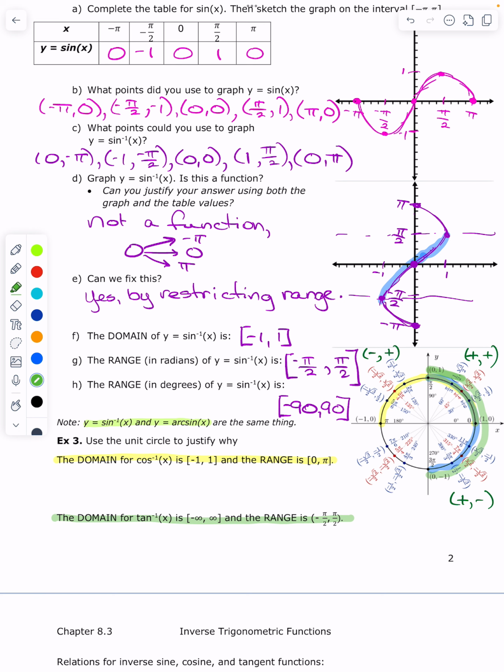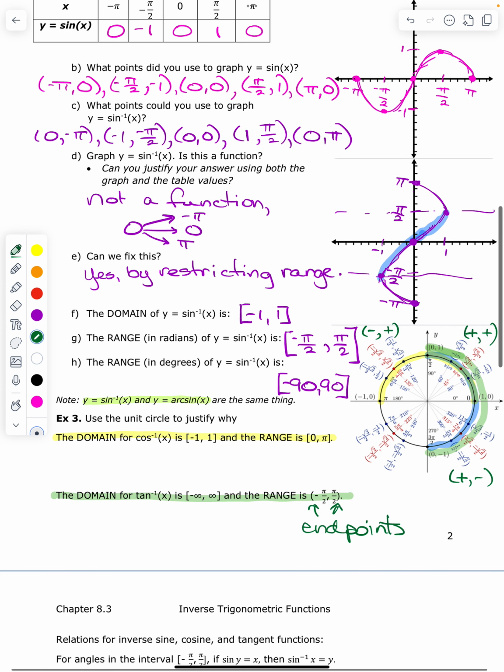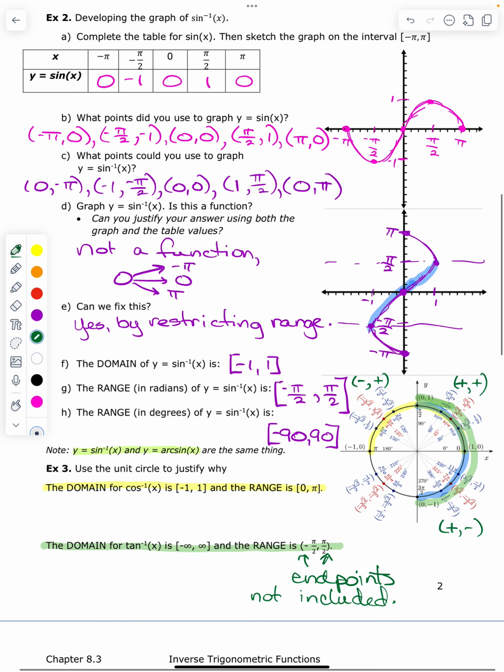Notice here, though, we do not include the endpoints for tangent, because at those endpoints, we actually get values that are undefined. So the tangent is going to follow our sine, other than we do not include those endpoints.